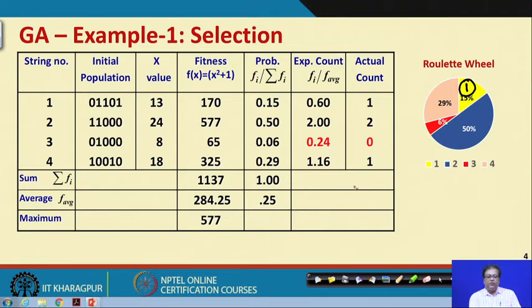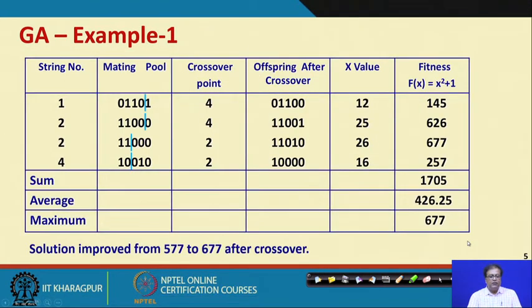If you see the actual counts, we got 1 time the string 1, 2 times the string 2, and 1 time the string 4. That will constitute our mating population.